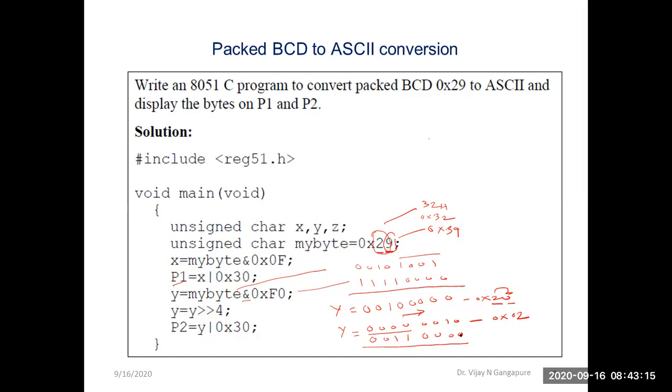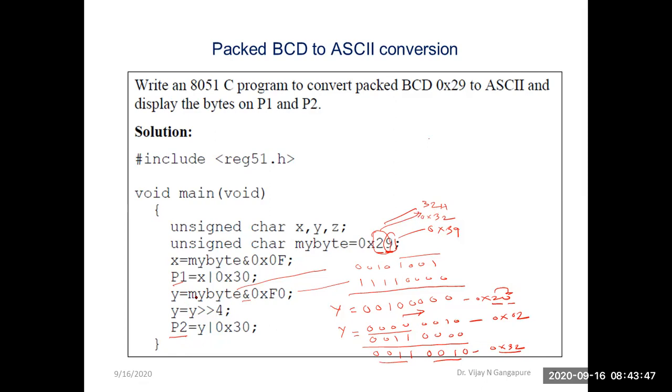The result is 0011 0010, which is 3 and 2. So 0x32 or 32H will be produced, and that we are outputting to port 2. What is 32? It is nothing but the ASCII code of 2, isn't it?